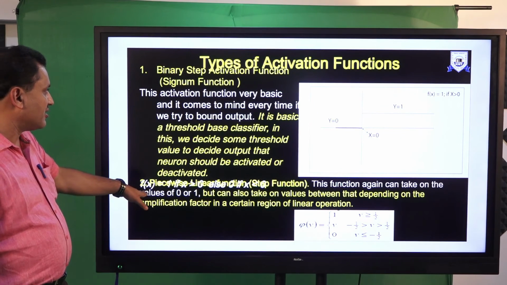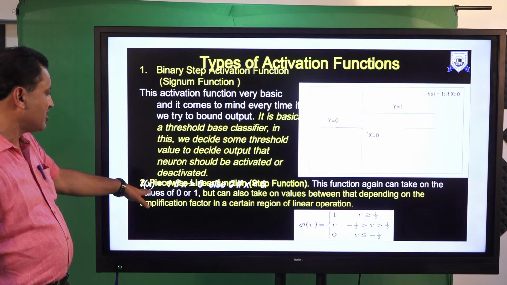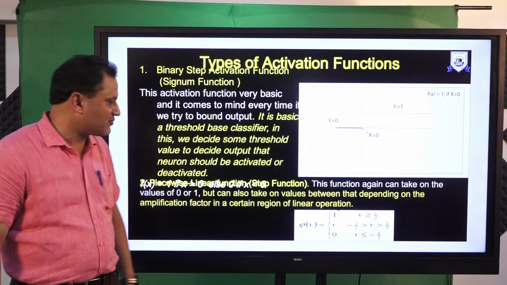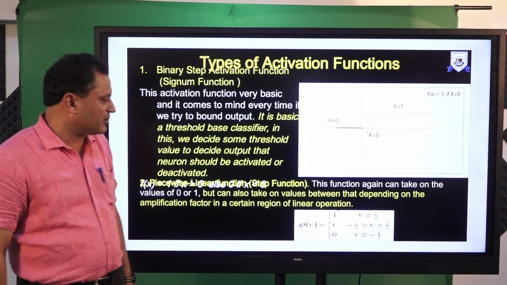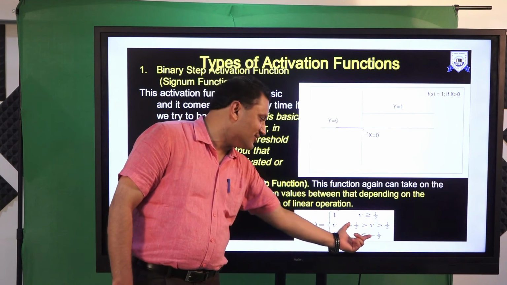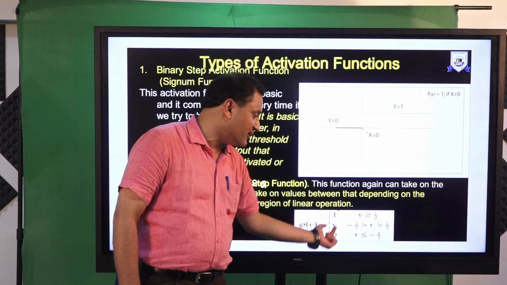The next type of activation function is the piecewise linear activation function. When I say piecewise linear activation function, again the value range is between 0 and 1, but for some ranges it may take values between 1 and 0.